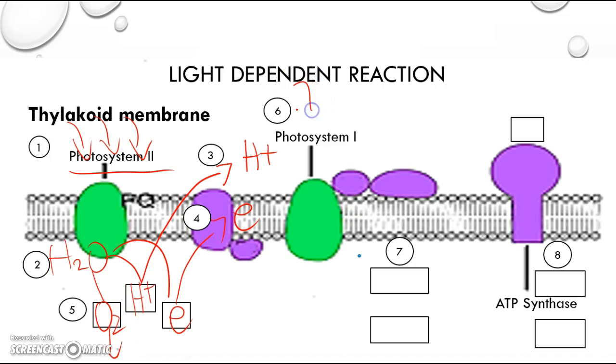And then sunlight is absorbed into photosystem 1. The electrons then move out of the electron transport chain and they change NADP+ to NADPH.